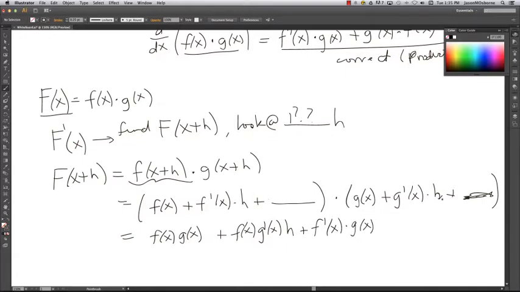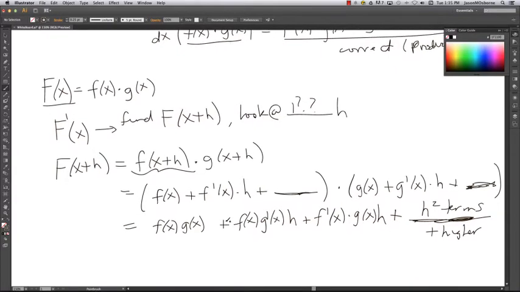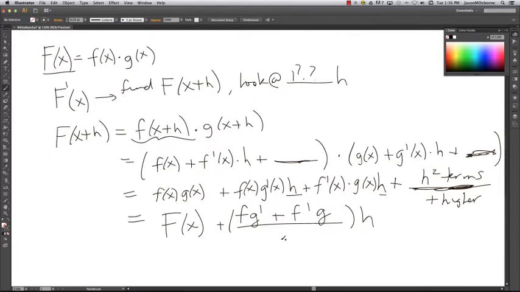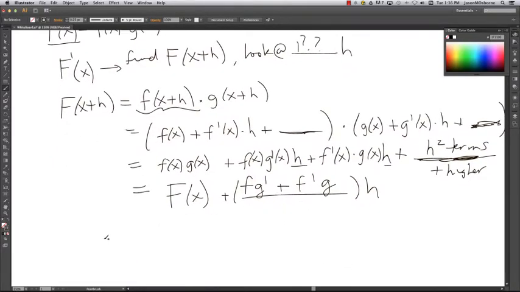And then you get a bunch of terms that have h squared terms and higher. That's why we don't care about these terms, because they have h squared terms and higher. So this is capital F of x plus h. These both have an h in them, so you can factor the h out, and there is your f g prime plus f prime g. There is how to take the derivative.